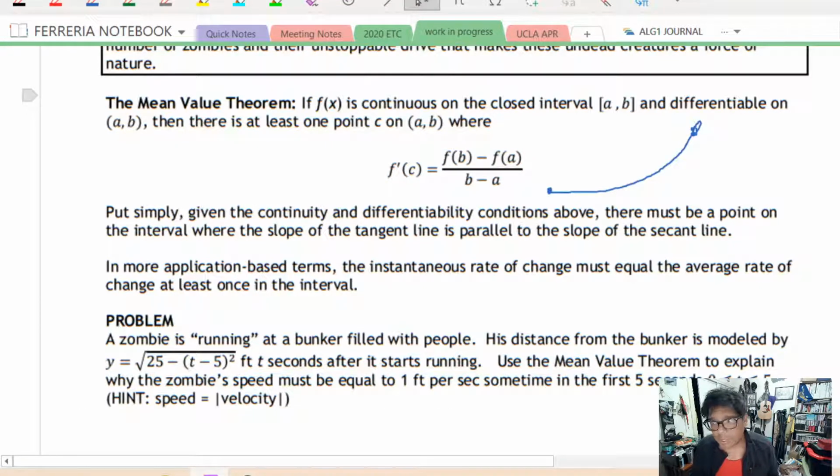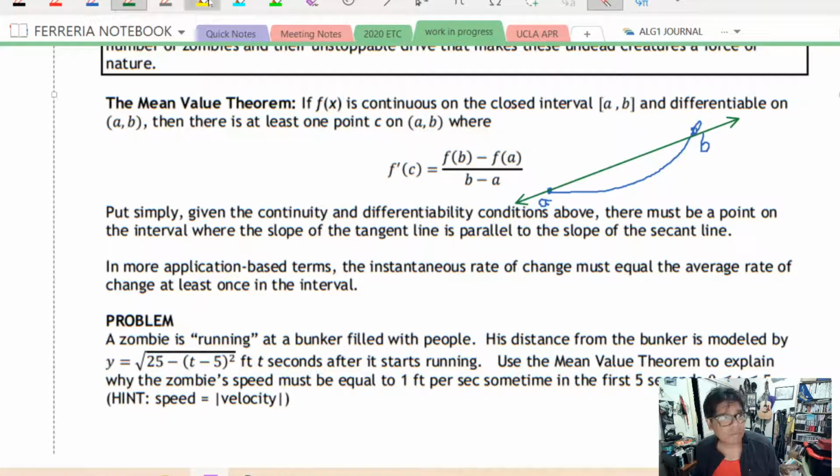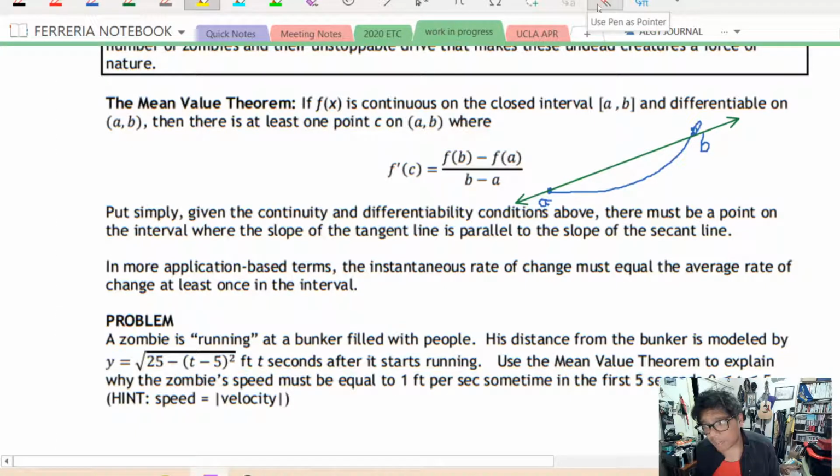Well, here's a function, for example. We can call the left side a and the right side b. And the line that connects those two in green here, the slope of this line is just the y coordinate at b minus the y coordinate at a over b minus a, which is exactly what we have here, f of b minus f of a over b minus a.